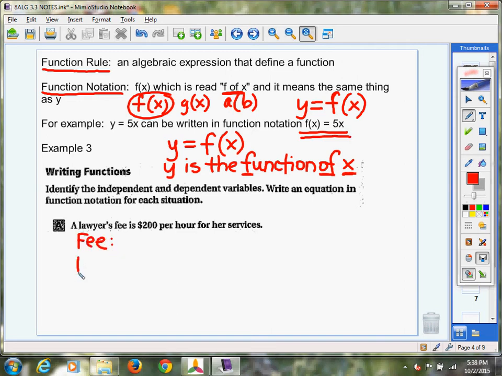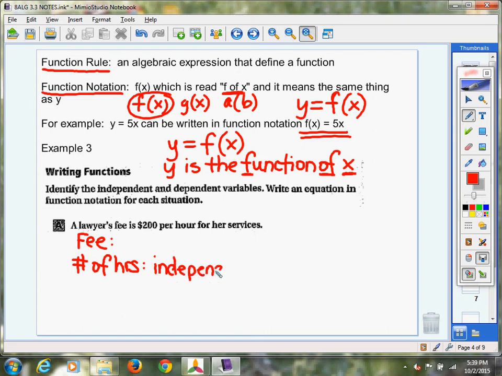Fee, number of hours. And just like we did in the last example, we're going to apply it here. I don't know what the fee is. I know she charges $200 for every hour, but I don't know how much the bill is going to be, the total fee is. I have no idea until I know what the number of hours is. So I got to figure this part out first.